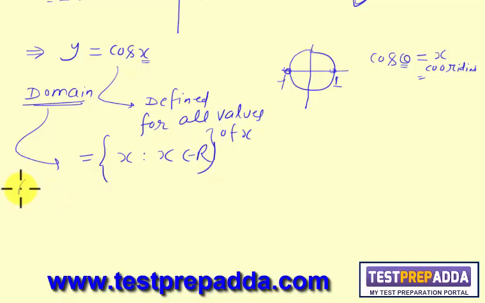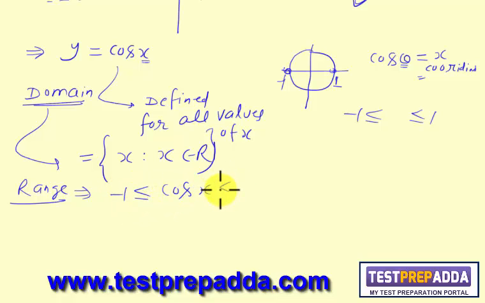Now range. It is very clear that cos theta lies between -1 and +1. So it will be -1 less than or equal to cos x less than or equal to +1. So the range will be -1 to +1, both inclusive.